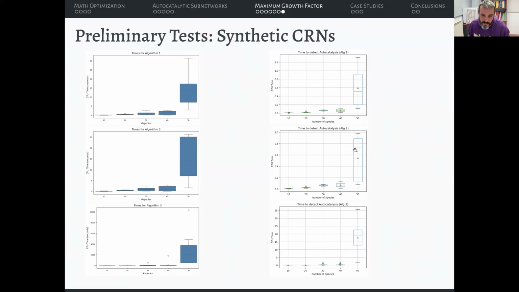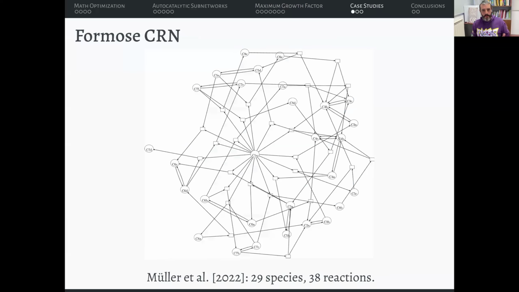For the second approach, in less than 1 second, we again find the first autocatalytic subnetwork. So if we want to find one autocatalytic subnetwork, it's easy. And in the third algorithm, which took a lot of time to compute the optimal solution, in less than 20 seconds we were able to find the first autocatalytic subnetwork, which is what we need.